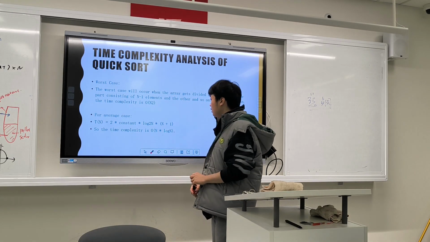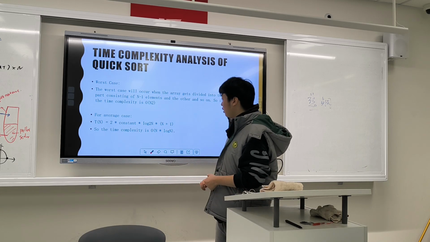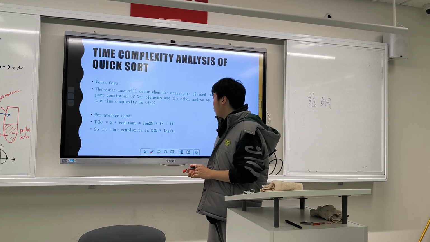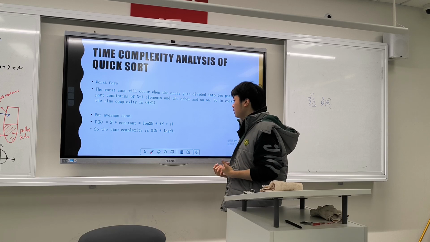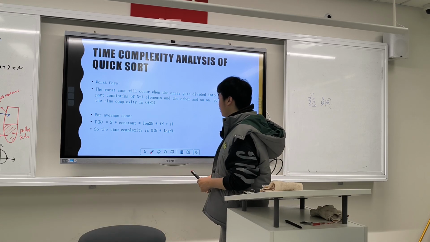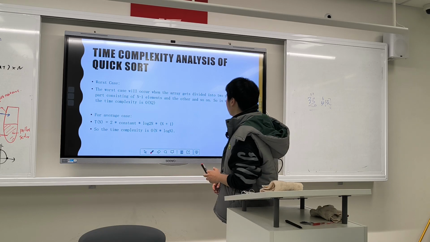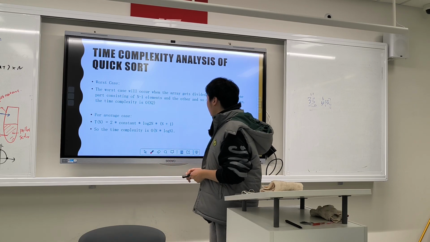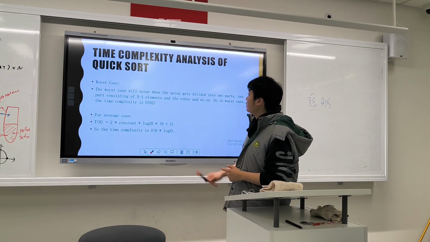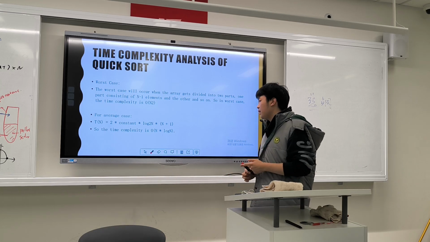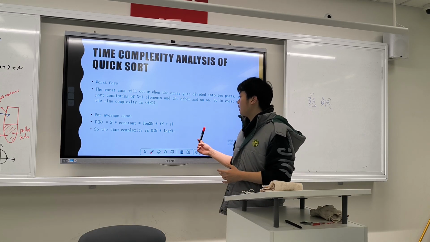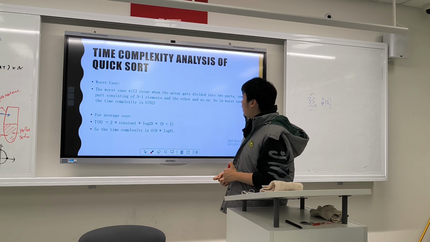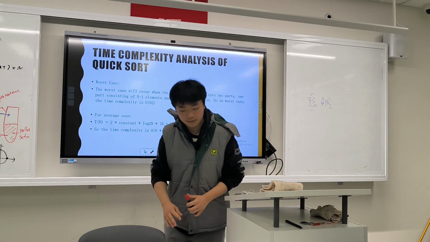These complexities often ignore constants, and they are more generalized, and also easier to remember because you don't need mathematics to derive all of these complex things. For quicksort, its best case is the same as its average case, that is O(n log n). And I think that's all for today's activity, and thank you.